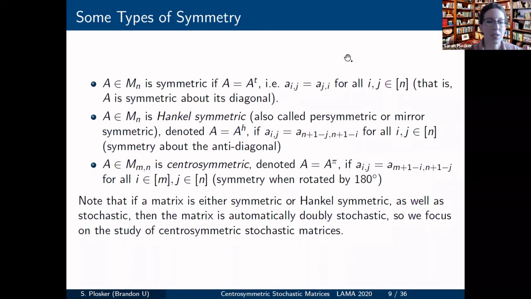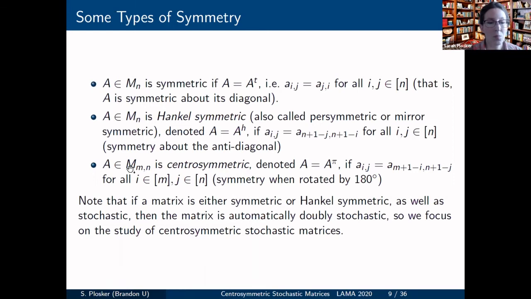And a square matrix is Hankel symmetric, also called persymmetric or mirror symmetric, denoted A equals A^H, if A_ij is equal to A_{n+1-j, n+1-i}. What that means is symmetry about the anti-diagonal. That's how you can visualize it.